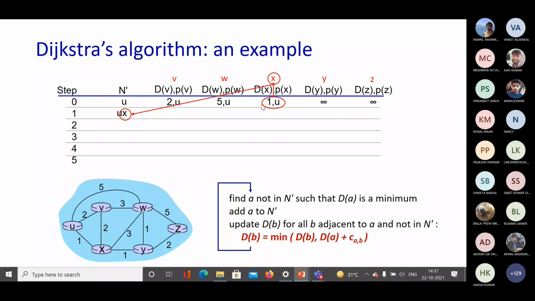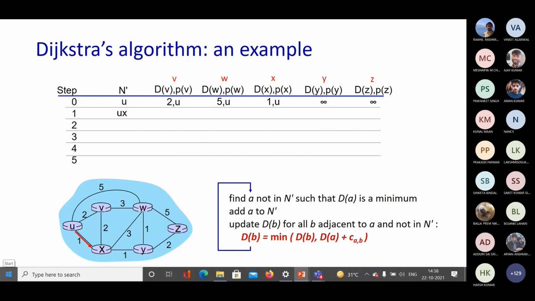You first take a look at this row. You check which node costs the minimum as you move from that source node to the corresponding node. From U, the one with the minimum cost is X, so you put X here. This part is what you are considering as the final one from U to X, because it is the minimum one as of now.